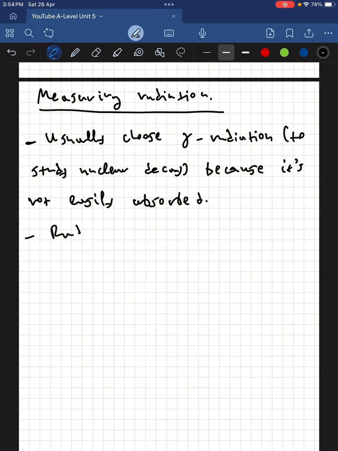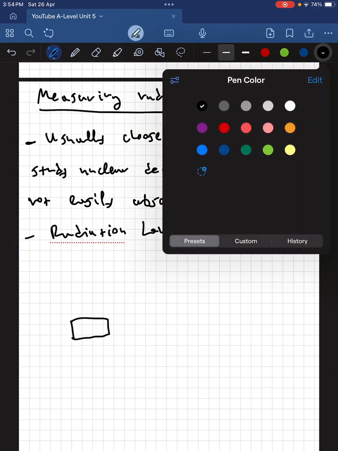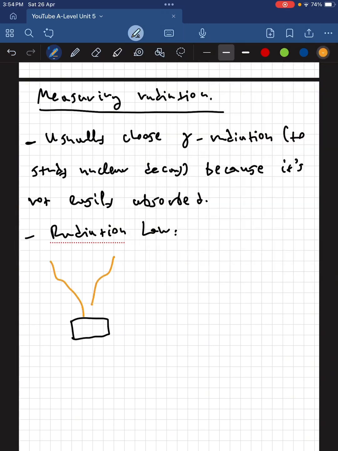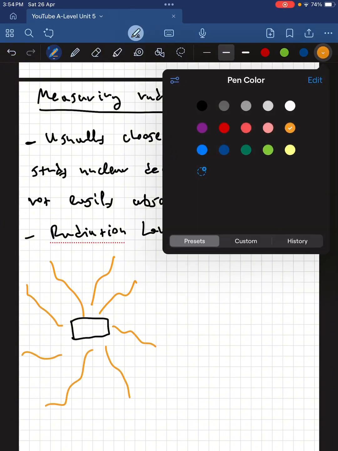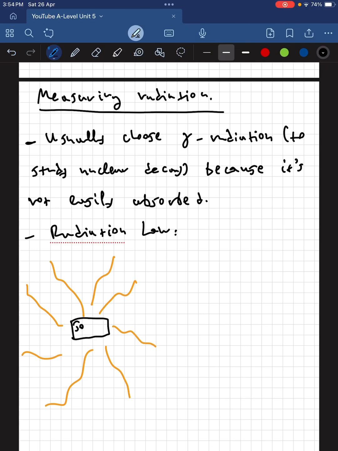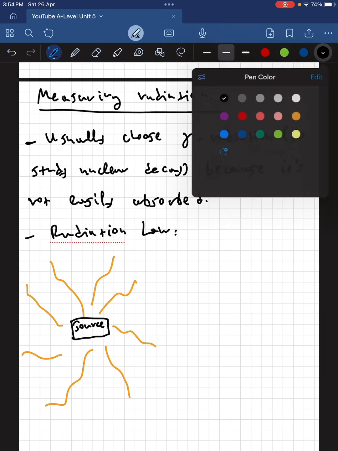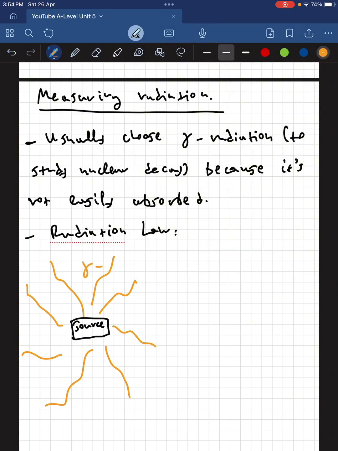So there is something called the radiation law, and I'm going to try to make a scheme to show you what I mean. If we have a source of radiation, let me use orange, so this is my source. It contains a radioactive nucleus that gives off gamma rays in the space around it.